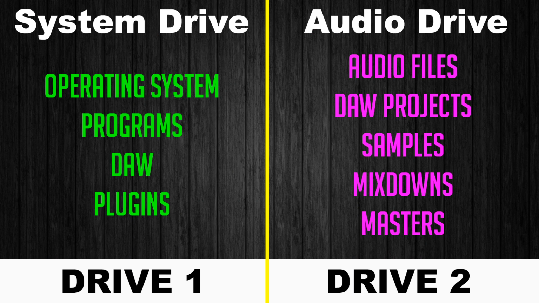The system drive is constantly being pulled for information, so I always made that my fastest, best drive. The other drive, with all the project files and audio, was obviously a bigger drive with more storage. You definitely want the audio drive to be a larger capacity drive than the system drive.